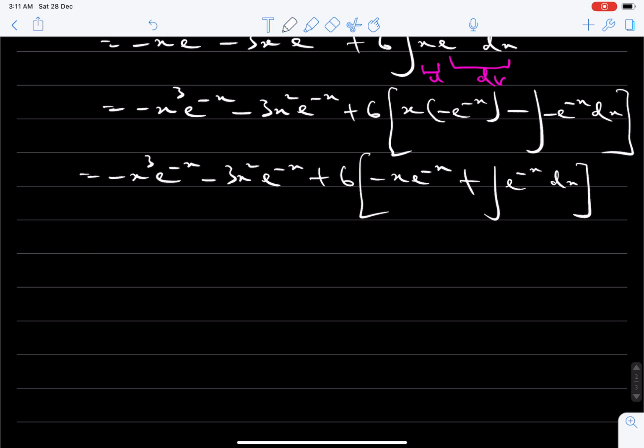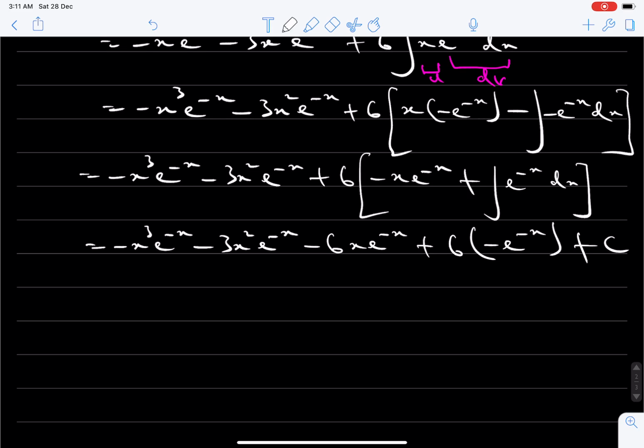And that means minus x cubed e raised to power minus x minus 3x squared e raised to power minus x minus 6x e raised to power minus x plus 6 times the integral of e raised to power minus x, which is minus e raised to power minus x plus c.